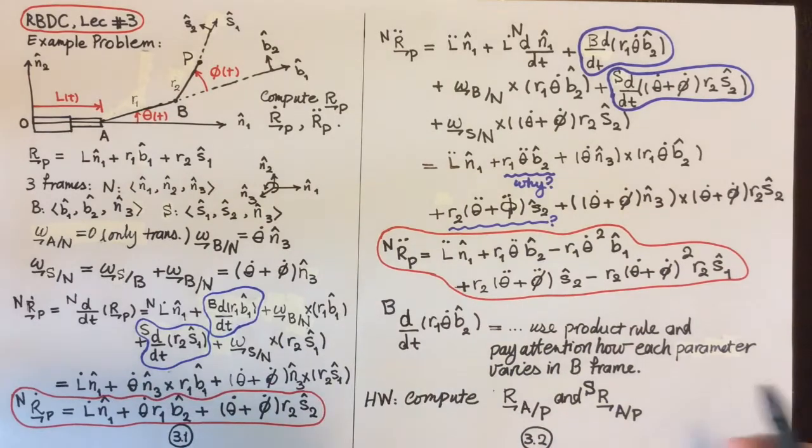The first step to compute velocity and acceleration is to have the position vector. So every time we are asked to compute velocity and acceleration for a point, the first step is to define or compute the position vector.